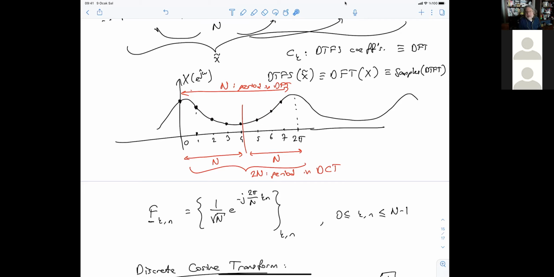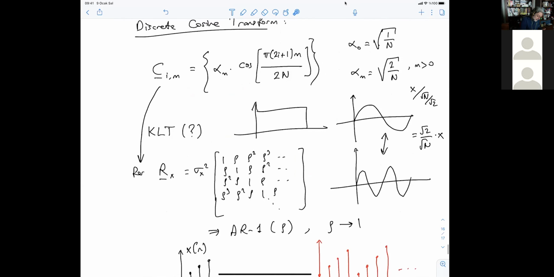Obviously, the discrete cosine transform is preferable both in terms of computational efficiency or programming efficiency, and also it's slightly better in performance, because, as I told you, it is essentially the Karhunen-Loeve transform for such signals with autoregressive one behavior, with correlation coefficient approaching 1. So very much correlated signals are very good.